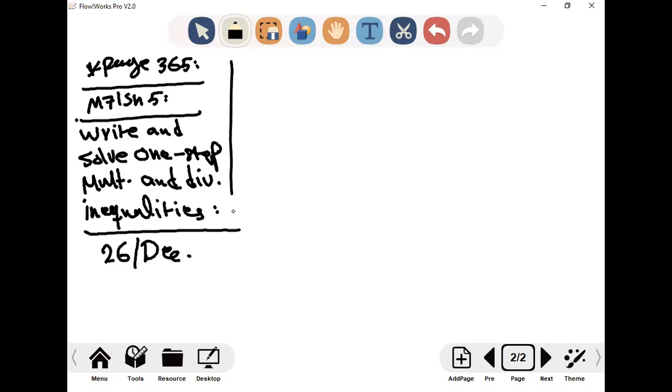Now, what's the difference between this lesson and the previous lessons? In the previous lesson the question gave you the inequality and you solved it, right?